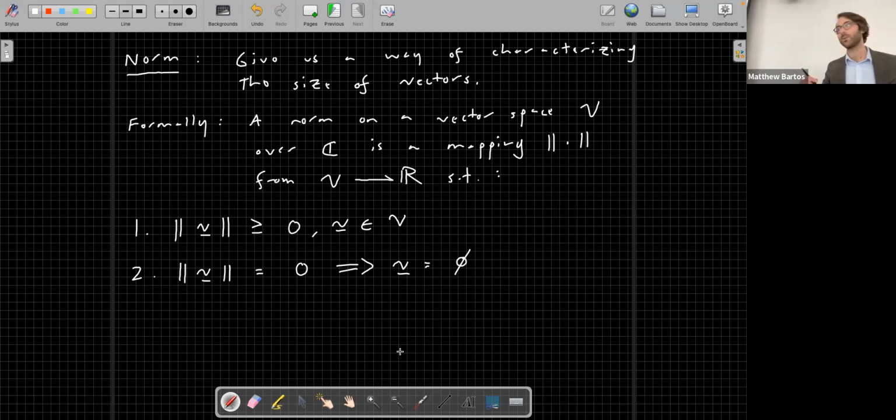Okay, so our norm has to be positive definite. So we can't have a negative valued norm. And if the norm is equal to 0, that means that our vector has to be the 0 vector.